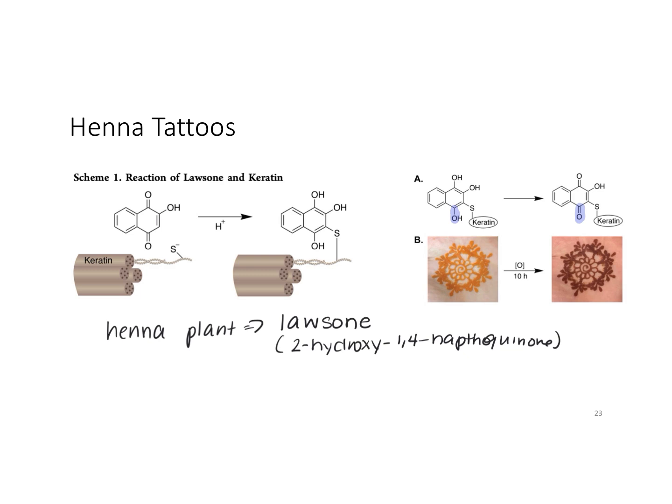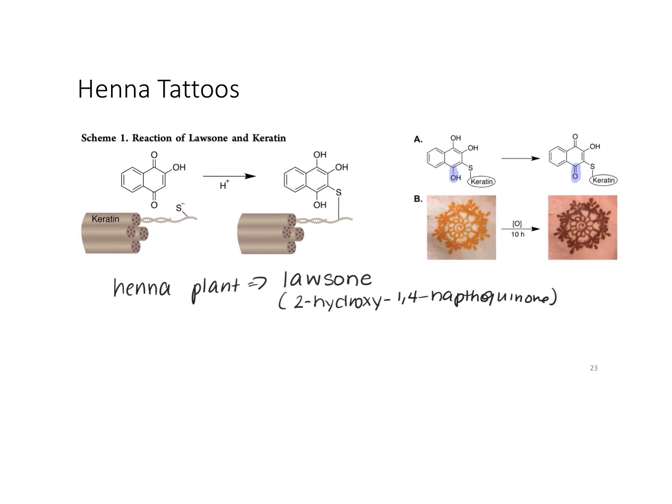That's the process of oxidation, and when it does that, it darkens. And so it will leave a lasting impression, kind of like a temporary tattoo on your skin. That's how henna works, by using this idea of oxidation.